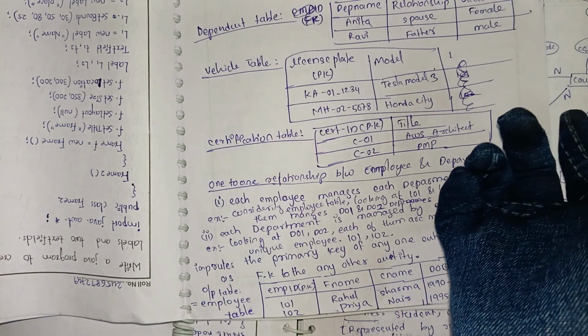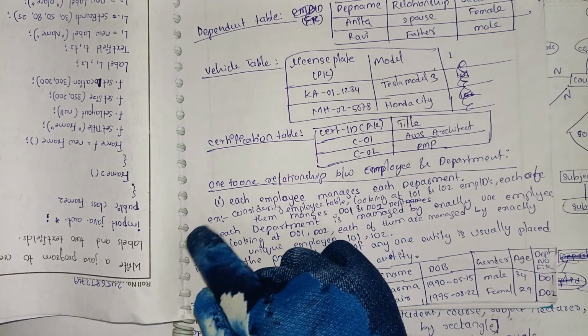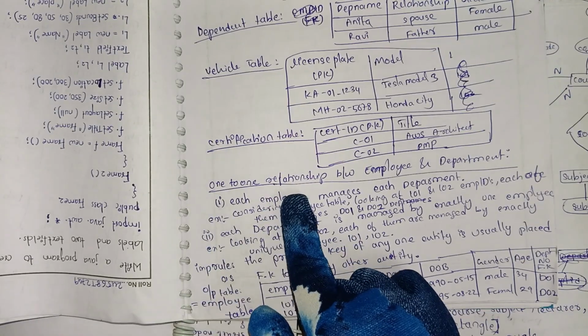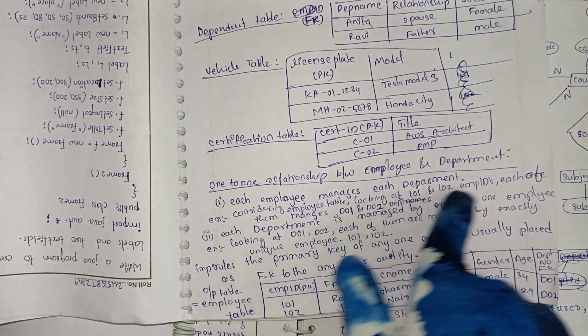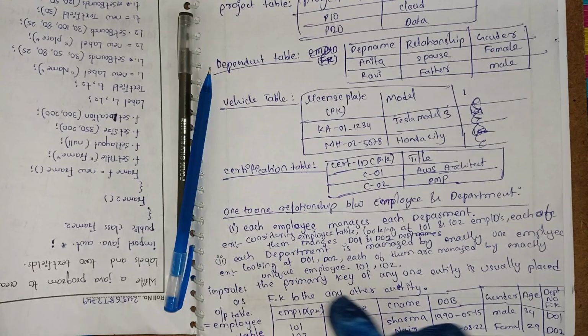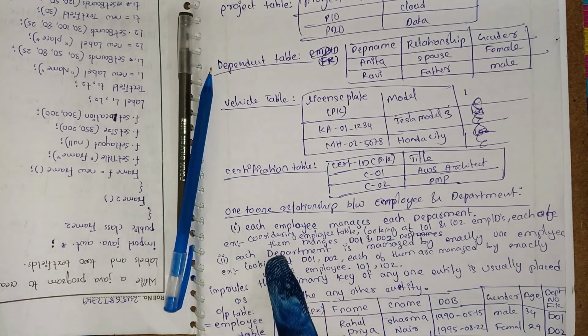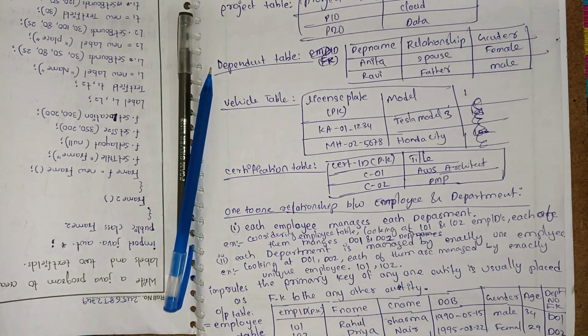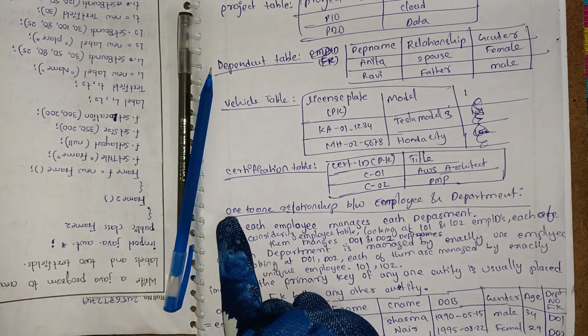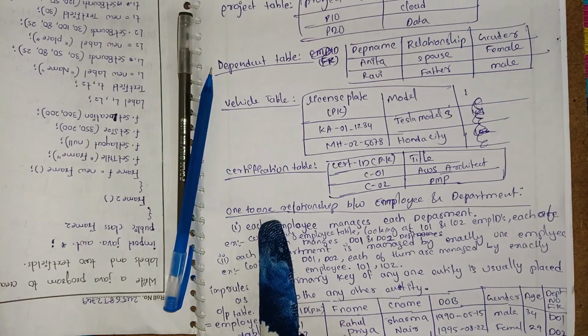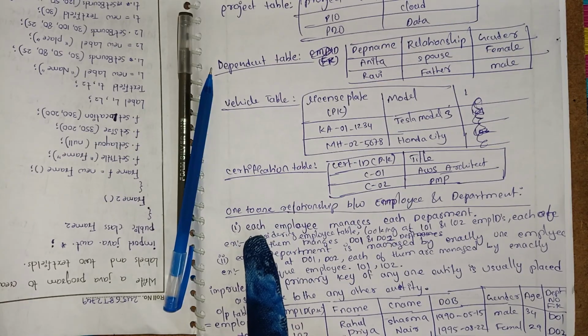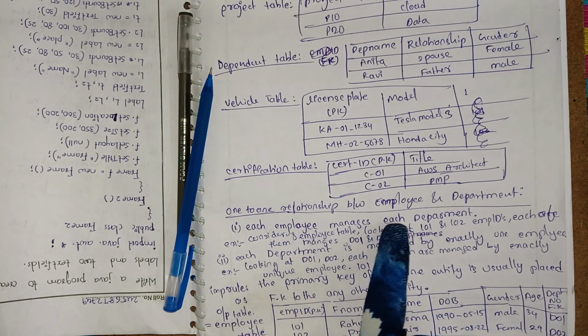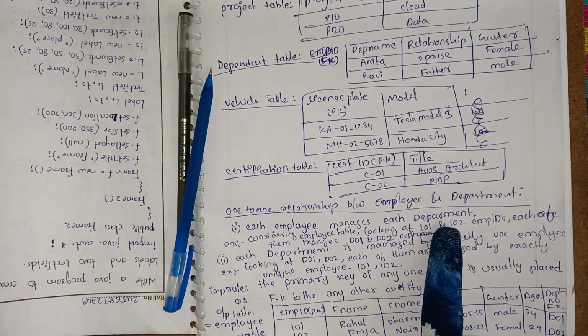This is the definition. Here we are writing according to that: each employee manages each department. Okay, first we are creating the statement from left to right, that is, each employee manages each department.